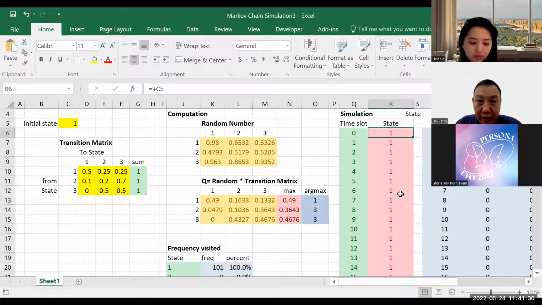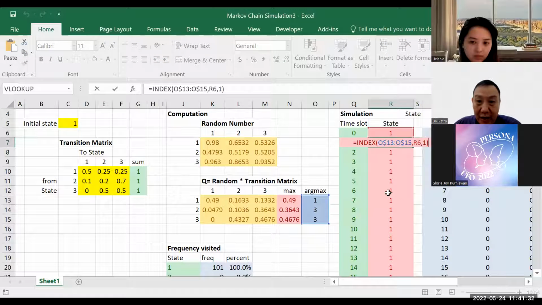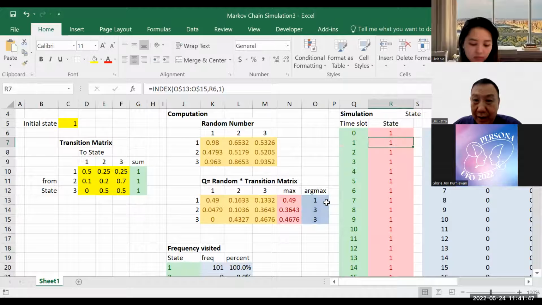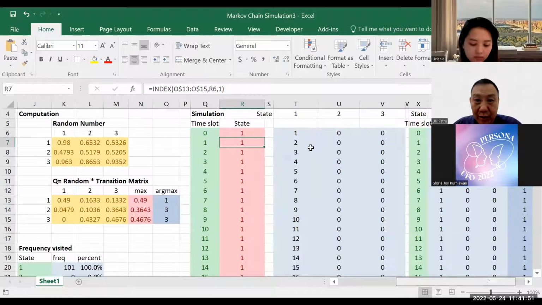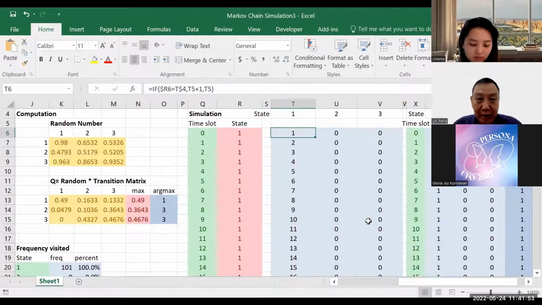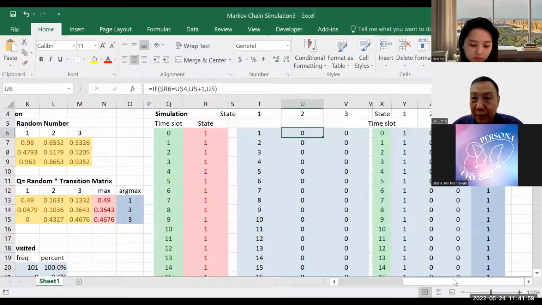Initially it is 1, and then the next one I put based on this. If previously it was 1, what will be the next state? This is based on the index. Now you are in state 1 and so on, and I just record that value.